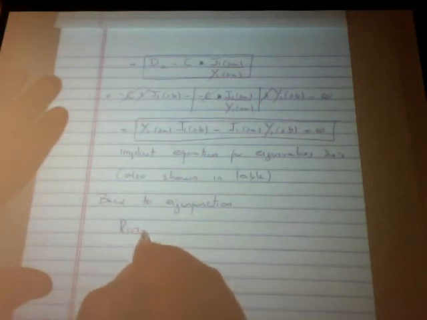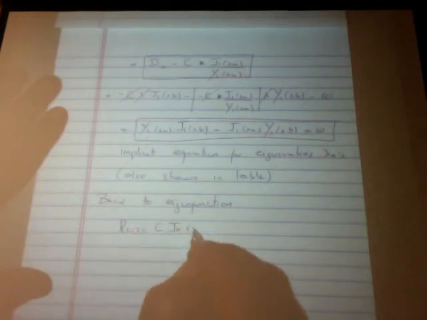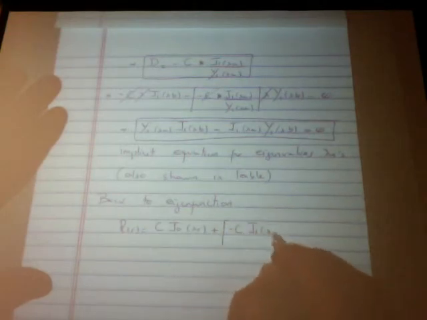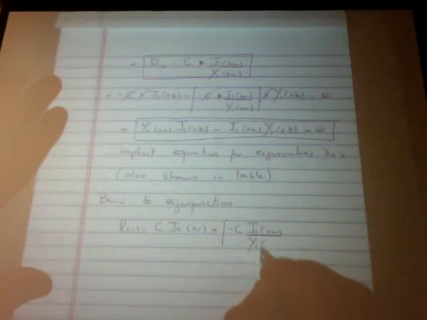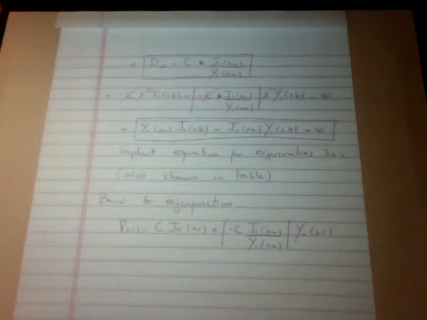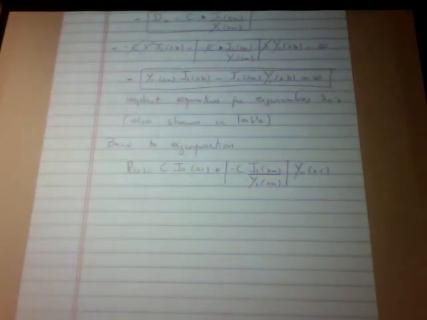R of R is equal to C J0 of lambda R plus D, which looks like minus C J1 of lambda A over Y1 of lambda A times Y0 of lambda R. Alright, now we can multiply the whole thing by Y1 and embed that into a constant.